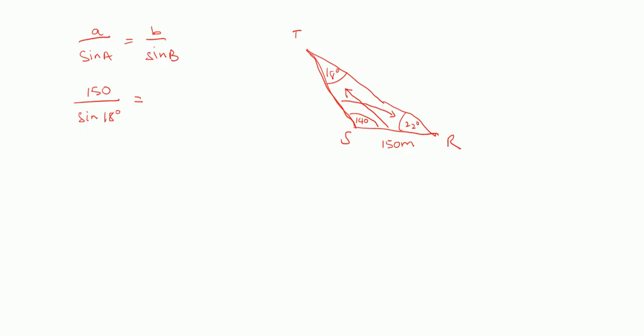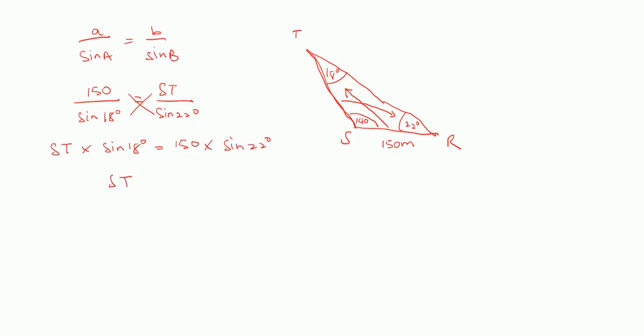So it'll be ST over sine 22 degrees. What we do, we cross multiply, so therefore ST multiplied by sine 18 degrees is equal to 150 multiplied by sine 22 degrees.